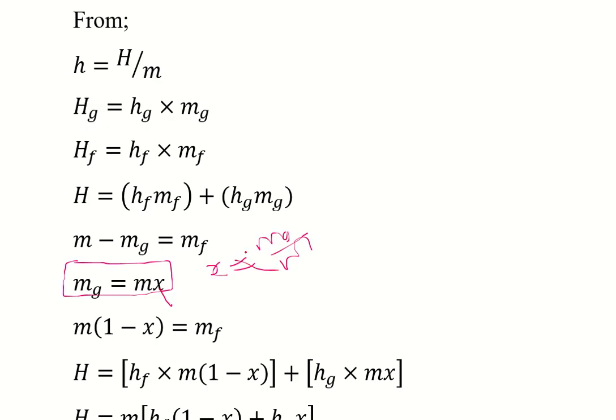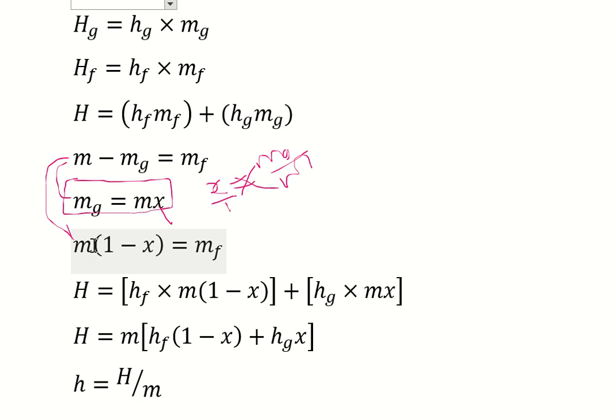So once you cross multiply, you will arrive at this, and once you substitute this into the formula, you arrive at this formula after the general substitution.